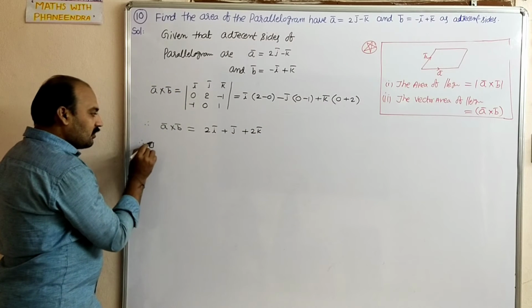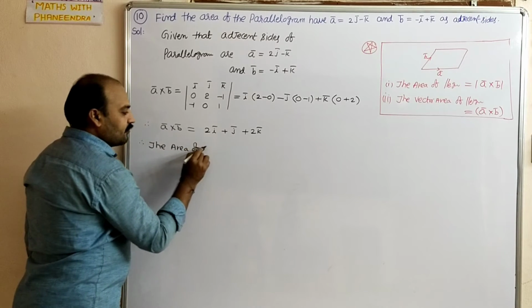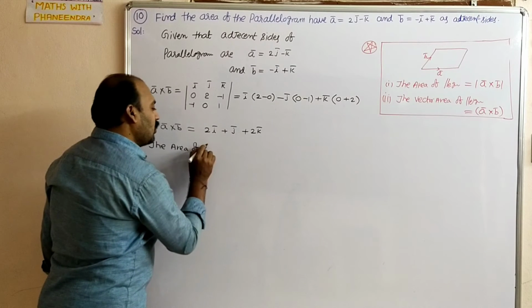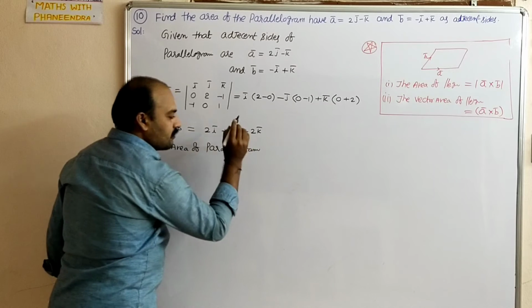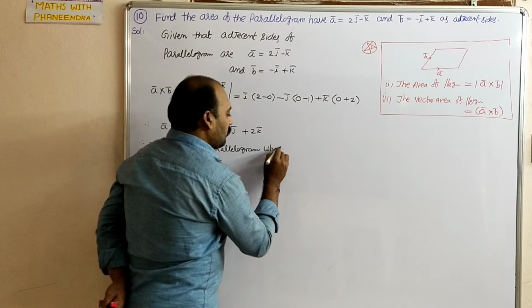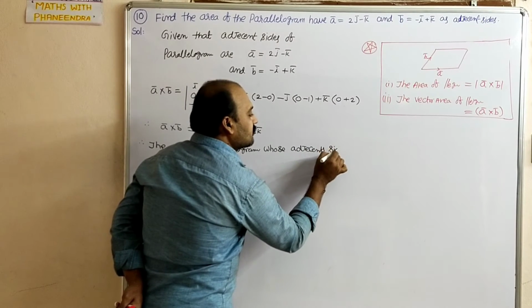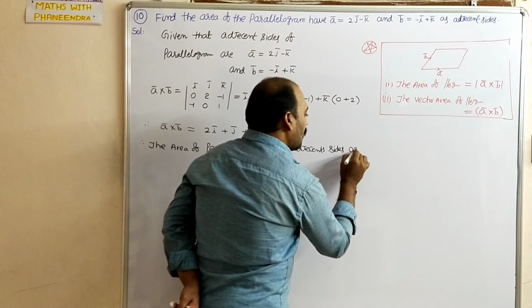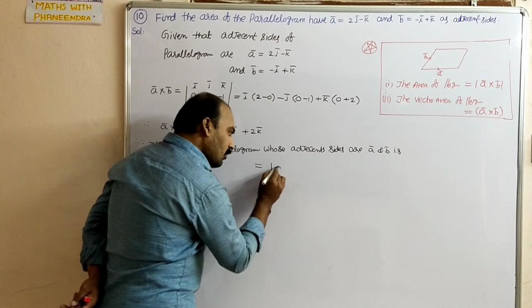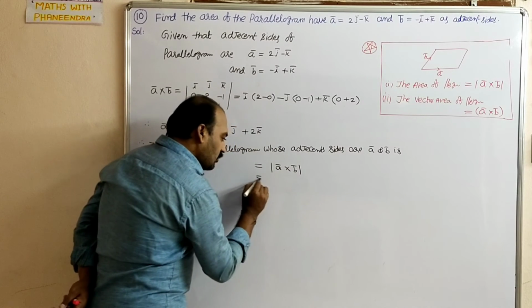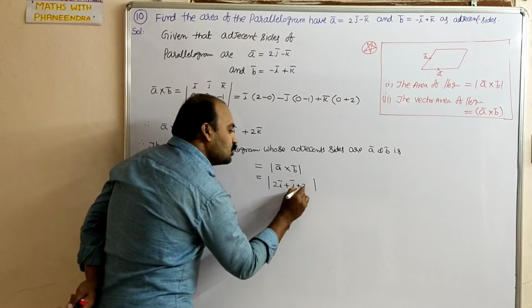Therefore, the area of parallelogram whose adjacent sides are A bar and B bar is mod A bar cross B bar, that is equal to mod 2i plus j plus 2k.